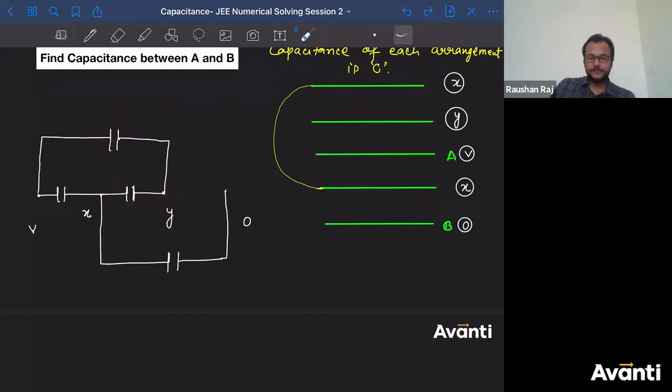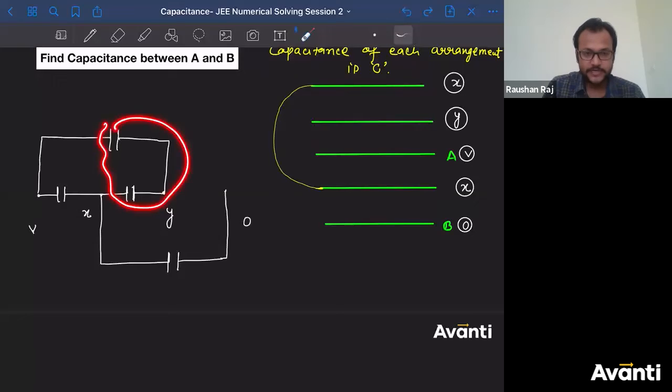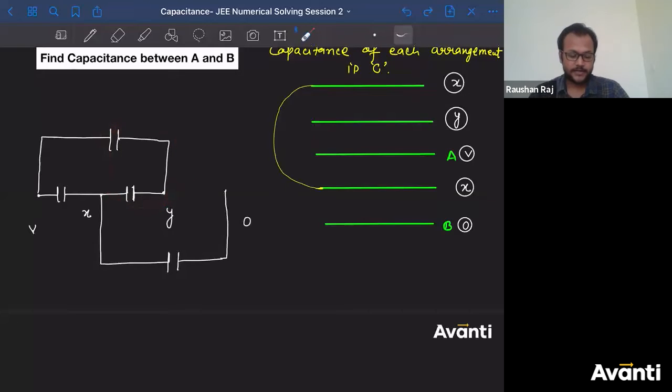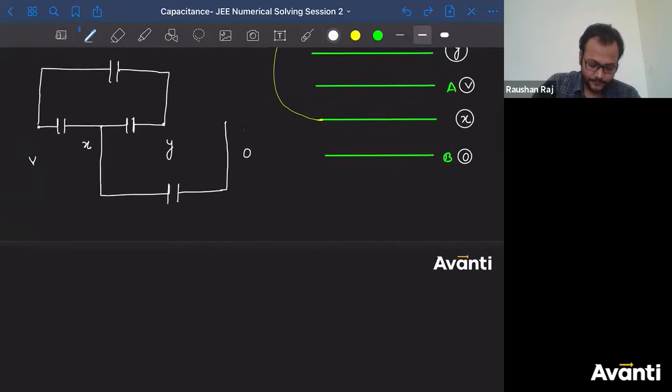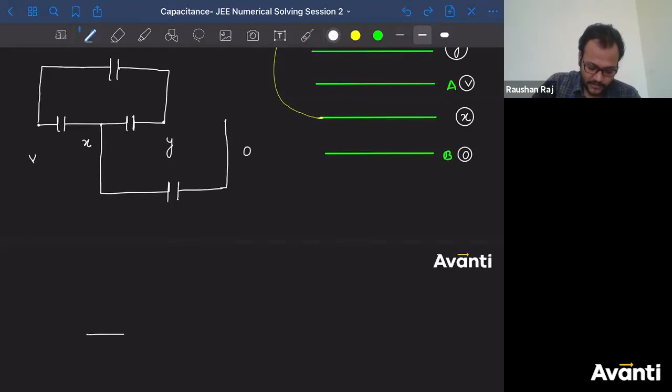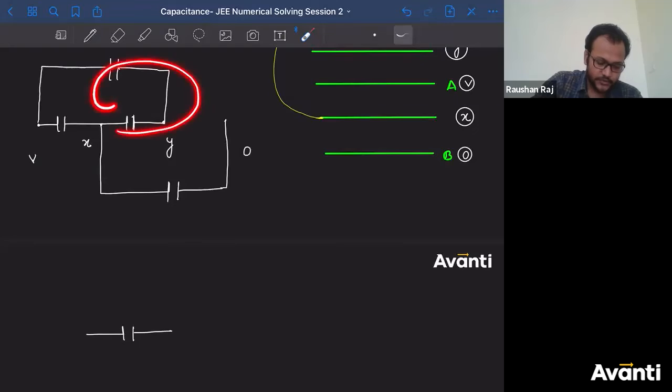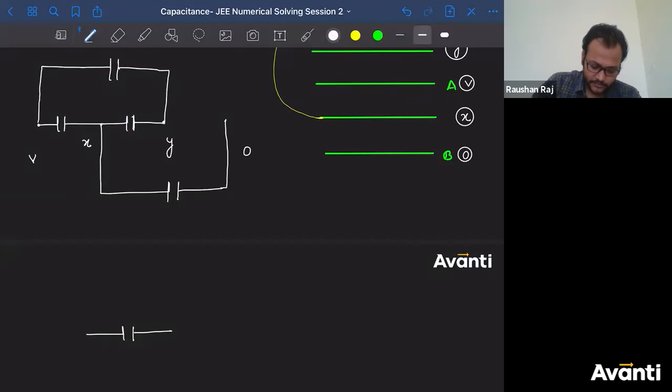Tell me. That will be C by 2. So the equivalent capacitance of these two will be C by 2. All right. So I'm going to simplify this further like this. I'm having a capacitor like this. Then I can replace these two with a single capacitor between these points. So I draw it like this. Now I'm going to draw this one here. So from this point to here.